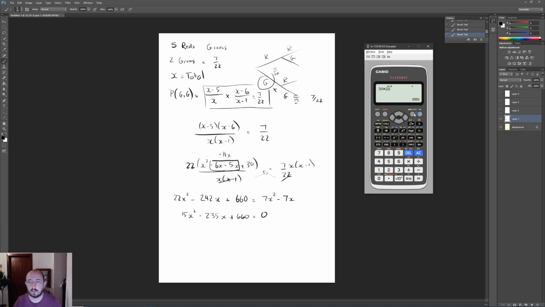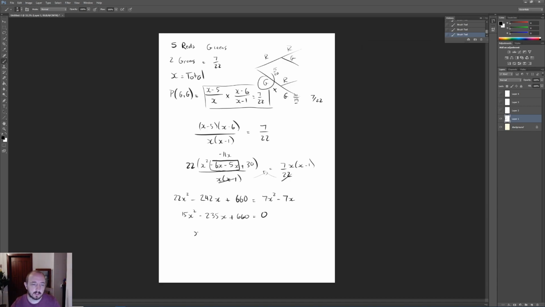So we can now go to our quadratic function, 15, minus 235 and 660. And we get the first x value is 12, and the next one will be 11 over 3. So x equals 12 or 11 over 3.